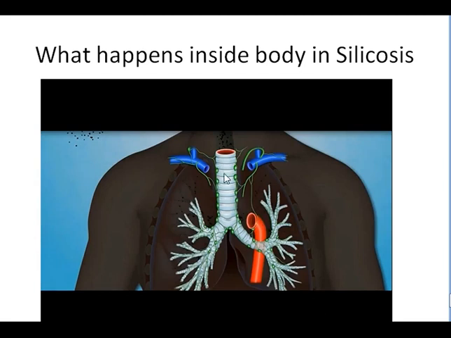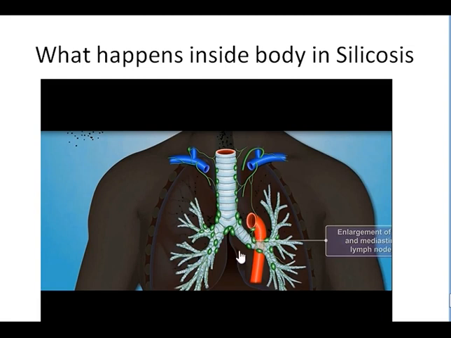Additionally, if you look at the trachea and the bronchi, you find green areas. The green areas represent the lymph nodes. Normally, the lymph nodes do not have the shape of an eggshell, but once silicosis develops, you find enlargement.